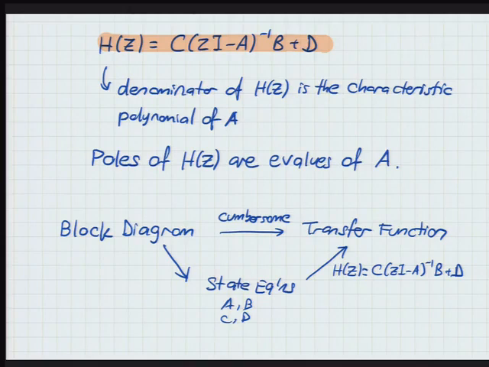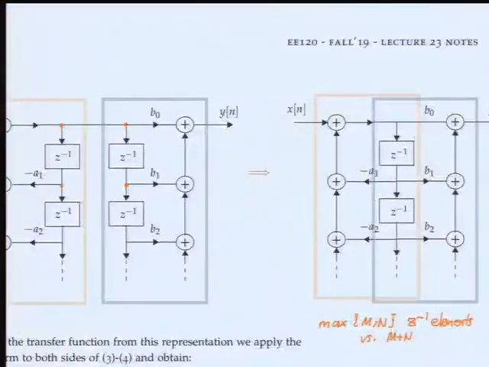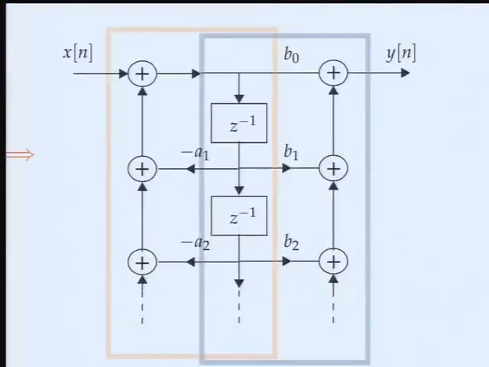So I will illustrate that procedure on an example, and that example will be the same example we had in our notes. I'll just take this structure. Just forget where it came from. I somehow know what that's actually implementing, but let's erase our memory, and suppose we don't know what transfer function goes with this. Let's try to get a transfer function by first writing state equations for this block diagram.